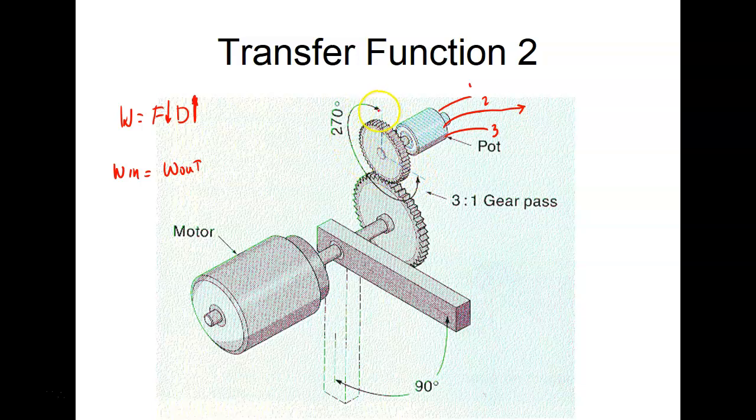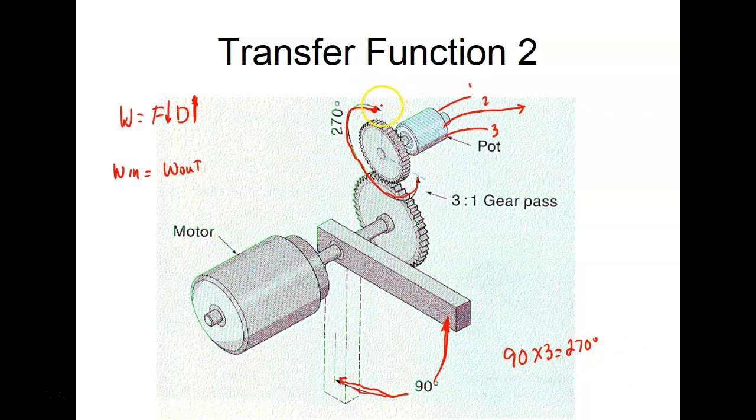But over here, 270 degrees actually equals what over here? 90 degrees. Well, what we're saying is that if this guy right here turns 90 degrees, the pot's going to turn 90 times 3, right? Which would be what? 270 degrees. That makes sense? Yes or no? Yeah, 3-to-1 ratio.